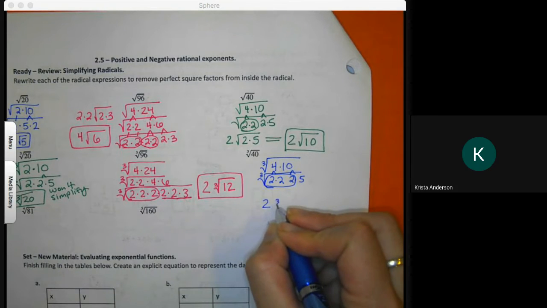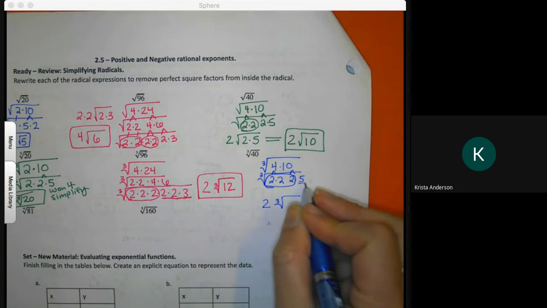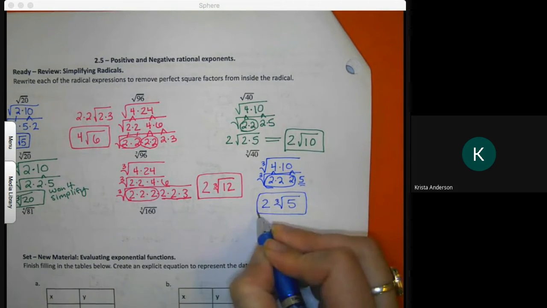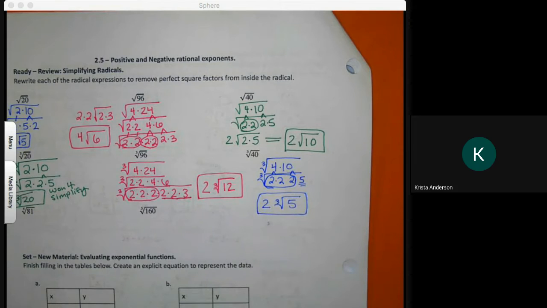I put a 3 on the root, and the 5 is left alone inside. Easy though. Yep, hopefully.